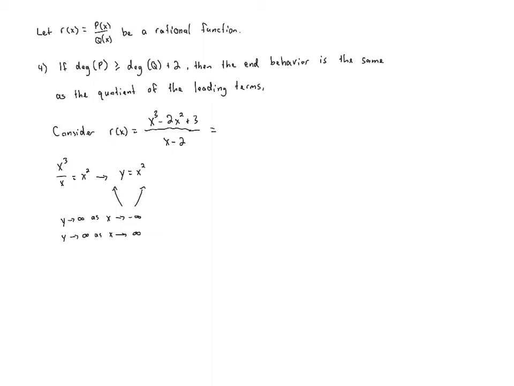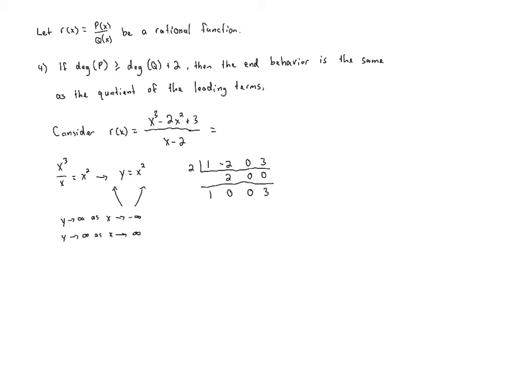Now, I do want to explain why this is the case, and we can do so by doing the division out. So let's use synthetic division here. The coefficients in the numerator are 1, -2, 0, and 3, and the value of c is 2 here. We bring down the 1, we multiply, we add, we multiply, we add, we multiply, and we add.